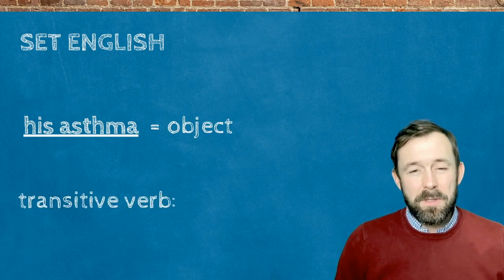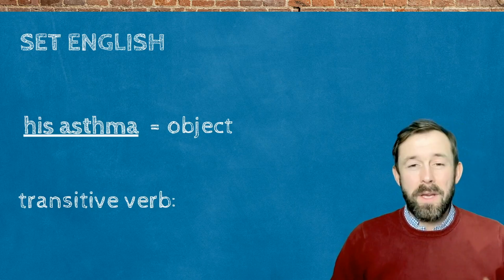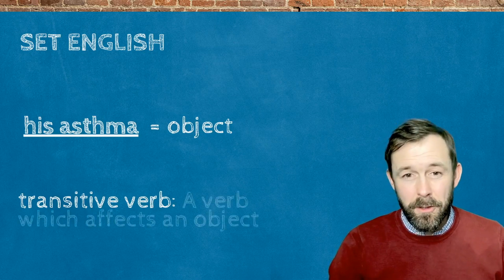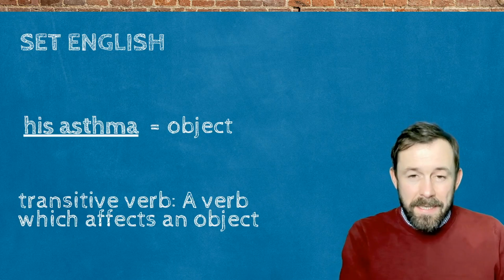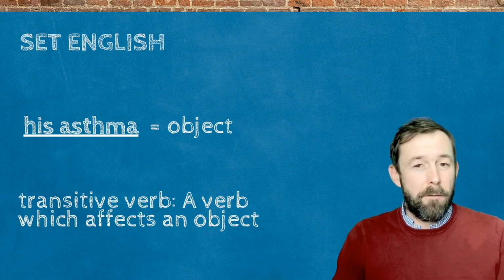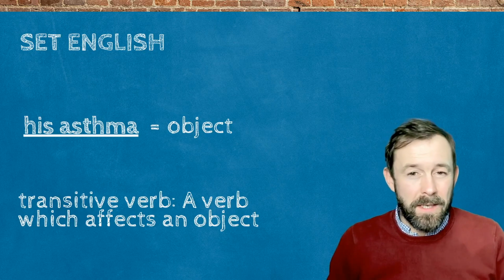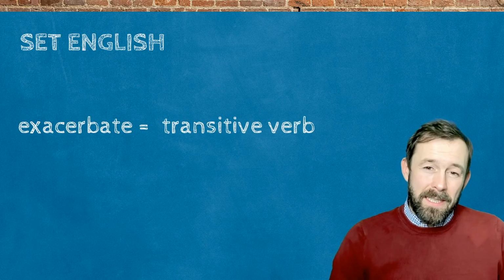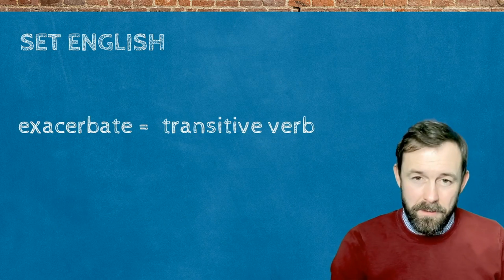We have different types of verbs in English, lots of different types, but one way to look at a verb is whether it's transitive or intransitive. And a transitive verb is a verb which affects an object. So you eat a sandwich, you kick a football, okay, you take medicine. Okay, so in this case, we look at exacerbate again. It's a transitive verb. That means it affects objects.